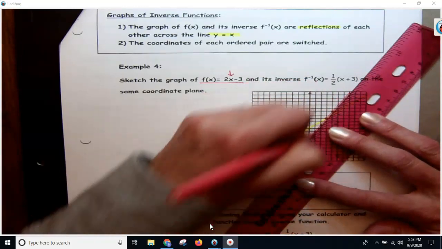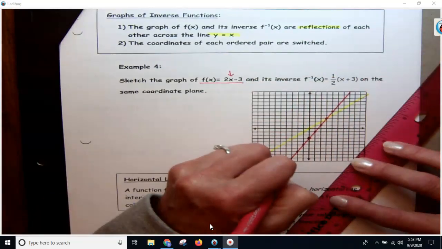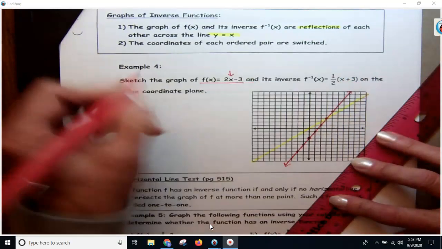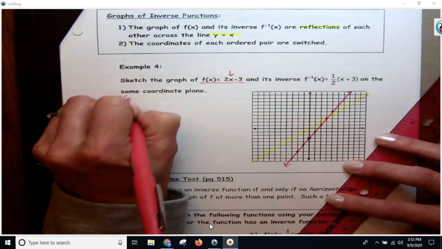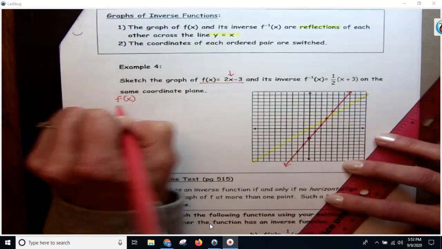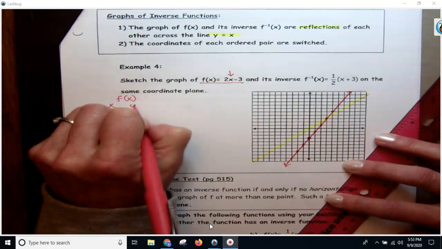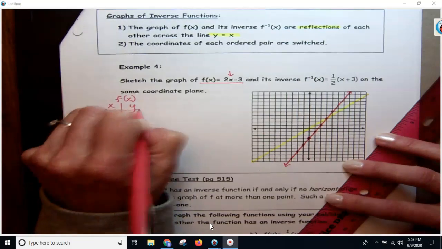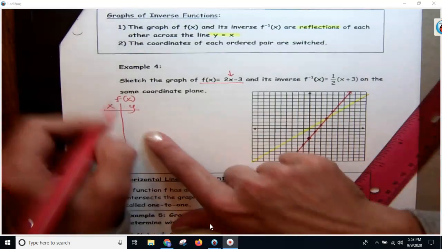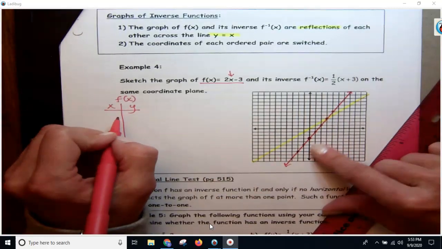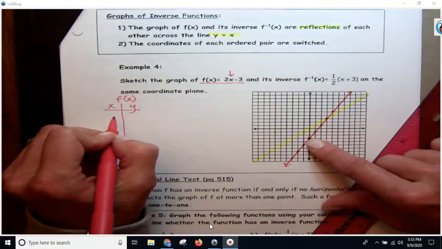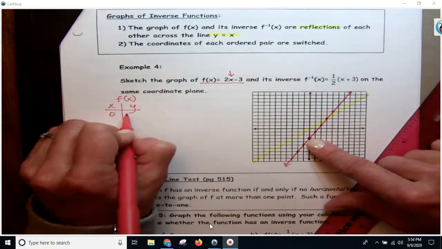Using a ruler so it's nice and pretty. And another thing I'm going to do is in red, because I want you to see this. When I create a table, I could have put x, f of x here, but I'm just putting y. When I create a table, if I show my points, I'm going to say, all right, when x is 0, y is 3.